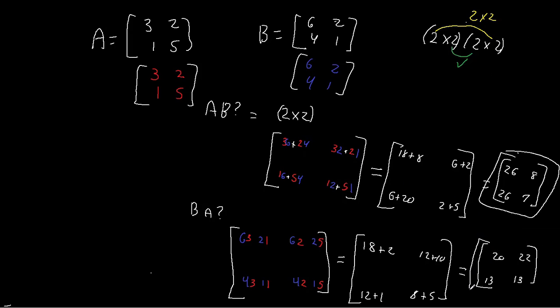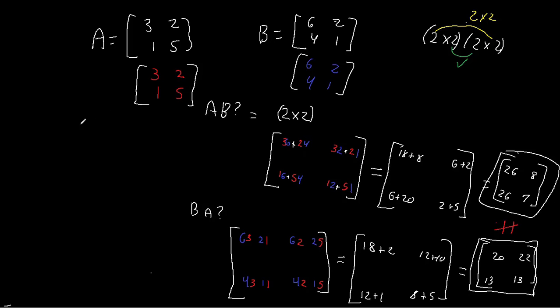So this right here is the result for B times A. And you'll notice that these are not the same. Let me do that in red. These things are not the same. Matrix multiplication, and I said this before, is not commutative.